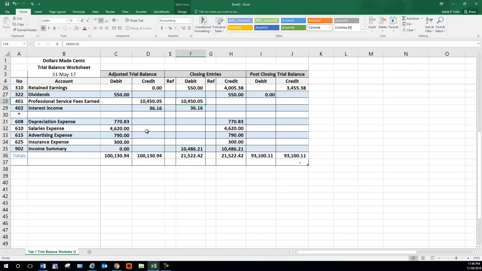We debited it $10,450.05, so it also has a zero balance. How about interest income? Same thing. It had a credit balance, and we debited it, so it is also zero. And all of our expenses, we had a debit balance, and we credited it for each one of these, so they are all also zeros.